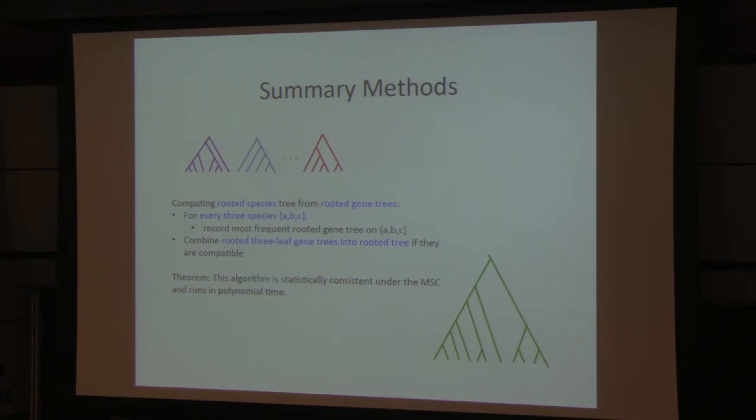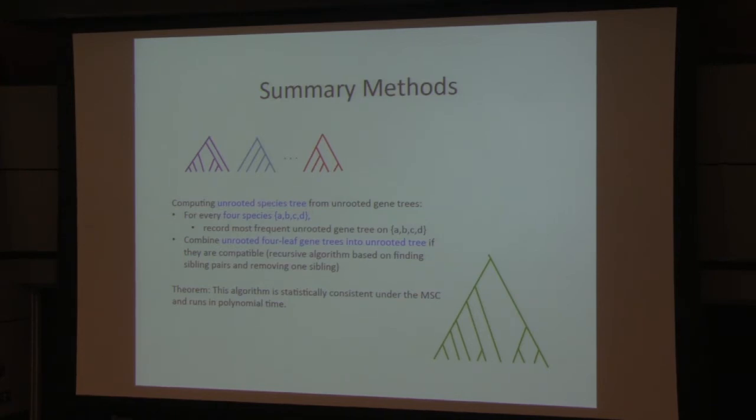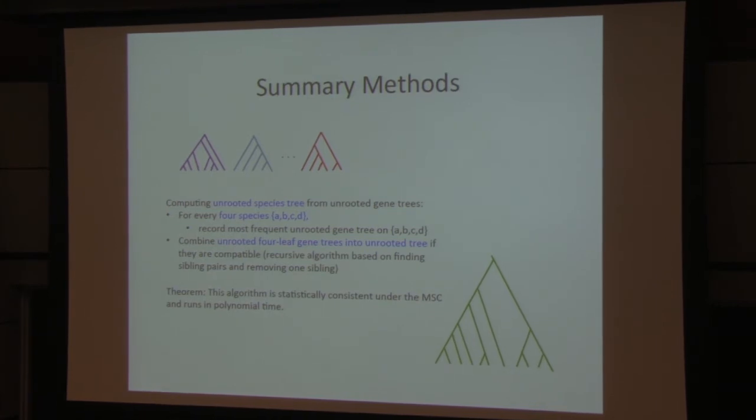And the same thing is true for 4. What I've just shown you are polynomial time, statistically consistent methods for getting species trees. And the reason that this is important is you just have to believe it's doable. Okay? So theoretically it's doable, but there's something really wrong with both of these methods. They're statistically consistent, they're polynomial time, but they will have bad performance. Why?